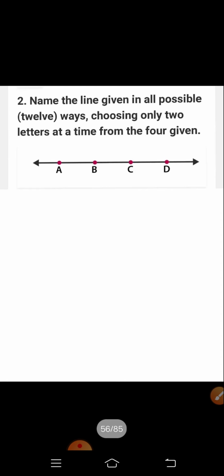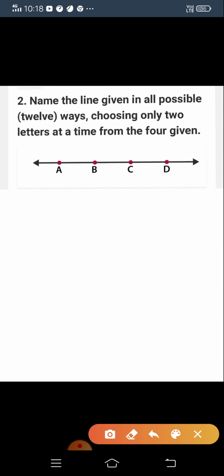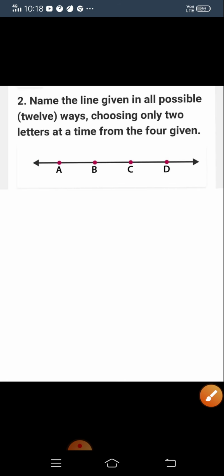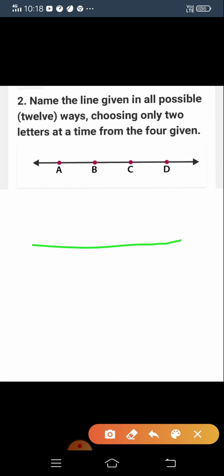That is, name the line in all possible 12 ways, choosing only 2 letters at a time from the 4 given. Here the diagram is given, that is A, B, C, D. You have to identify the 12 possible ways. Okay, before starting, let us take one example.